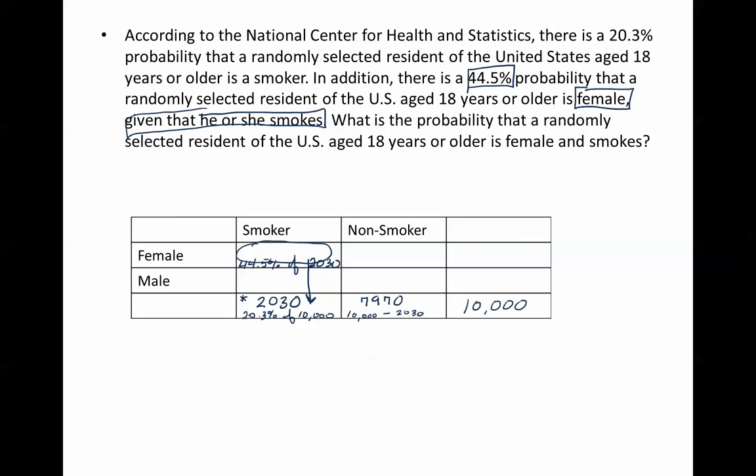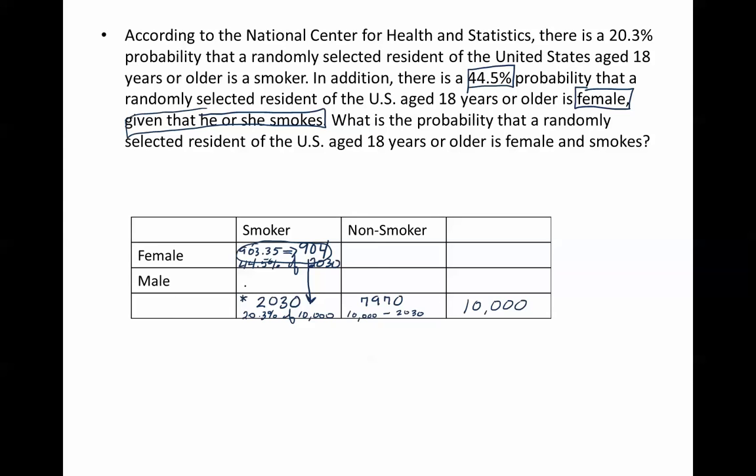So when we multiply there, 0.445 times 2030, what we get is 903.35. So we're going to round that off to 904. Now, at this point in time, we don't need to fill in any more boxes because that was exactly the one that we needed.